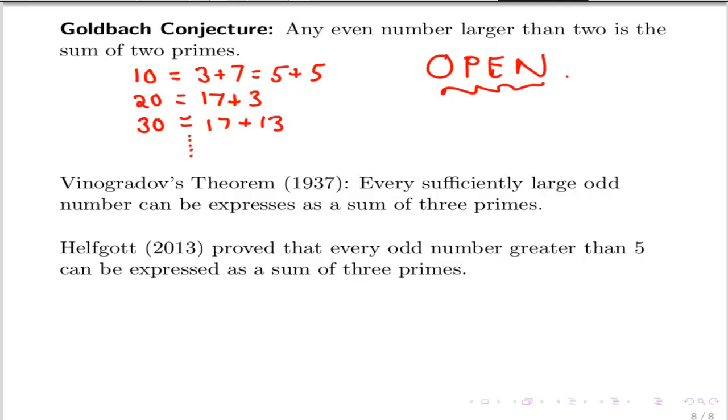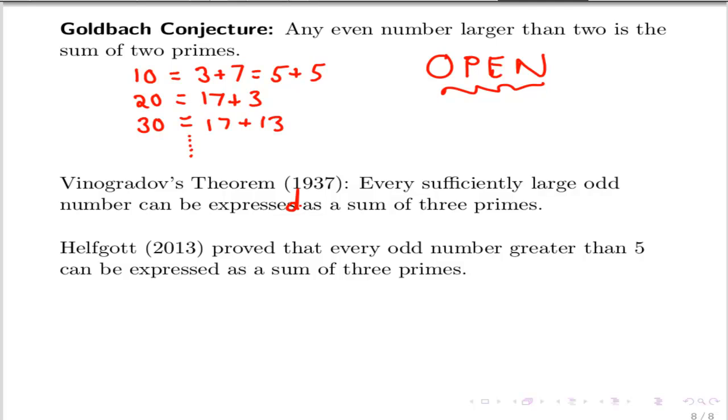It's considered to have the same difficulty as the twin prime conjecture. But Vinogradov proved the following related result, in 1937. Every sufficiently large odd number can be expressed as a sum of 3 primes.